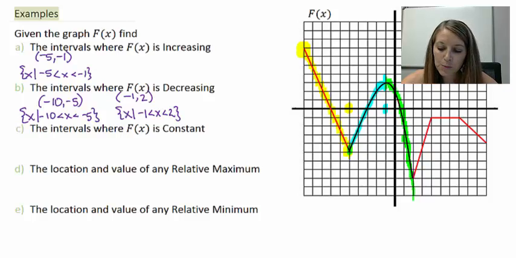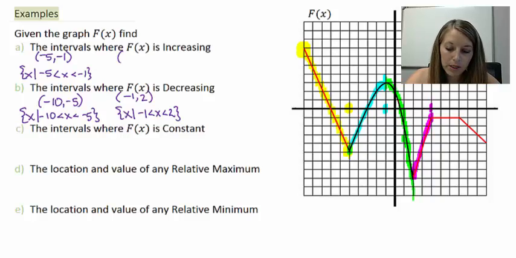Moving on, the next part of the graph starts at 2, and it goes up. So it increases all the way to this x value right here, which is 4. So it's increasing between 2 and 4, or in set builder notation, where x is between 2 and 4.